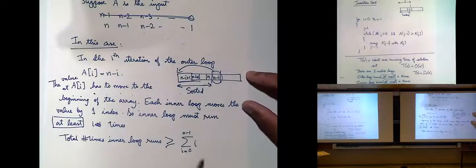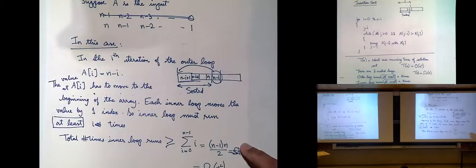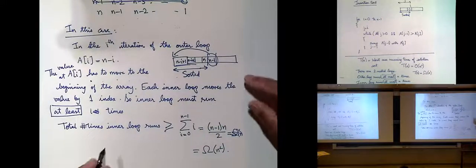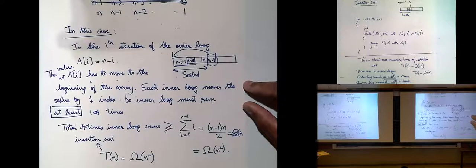Okay? And if you work this out, you'll actually get this as n times n minus 1 over 2, which is omega n squared. So to prove, so T of n, this is insertion sort, is omega n squared.